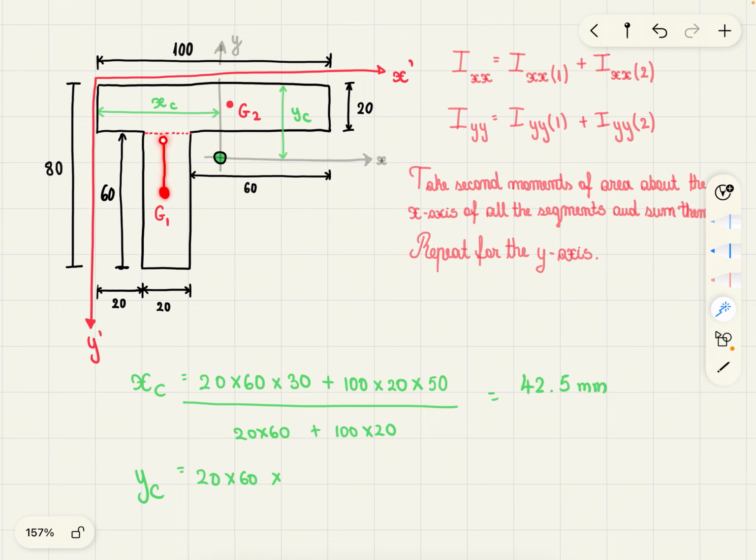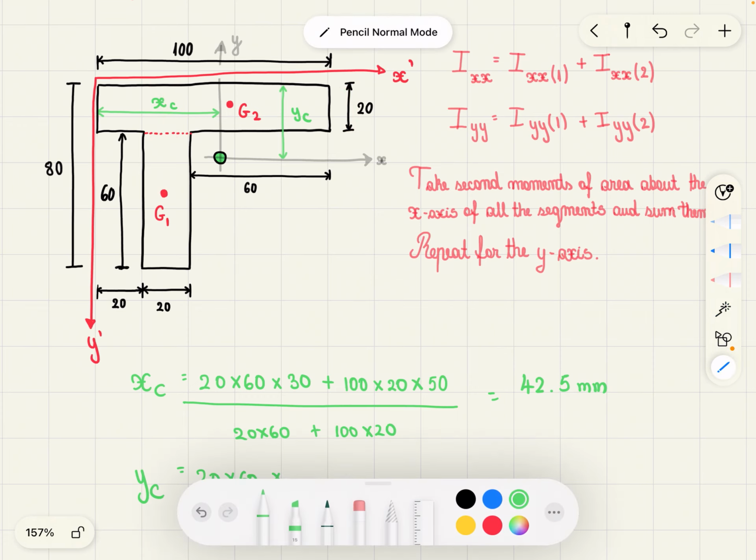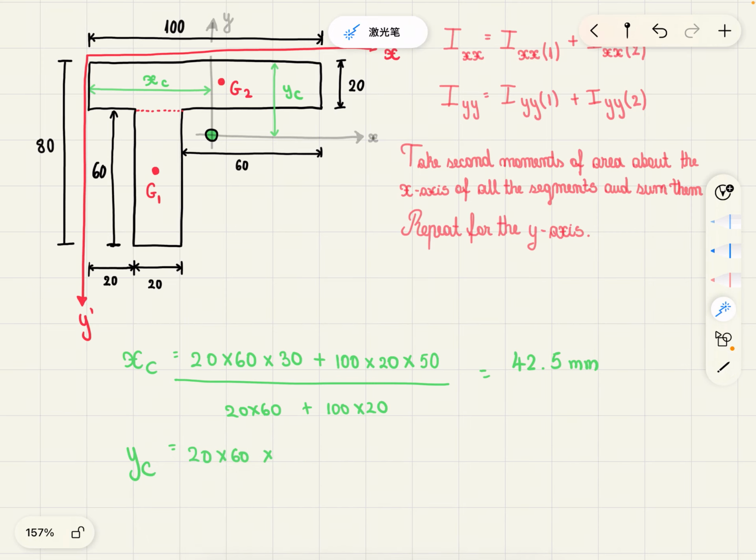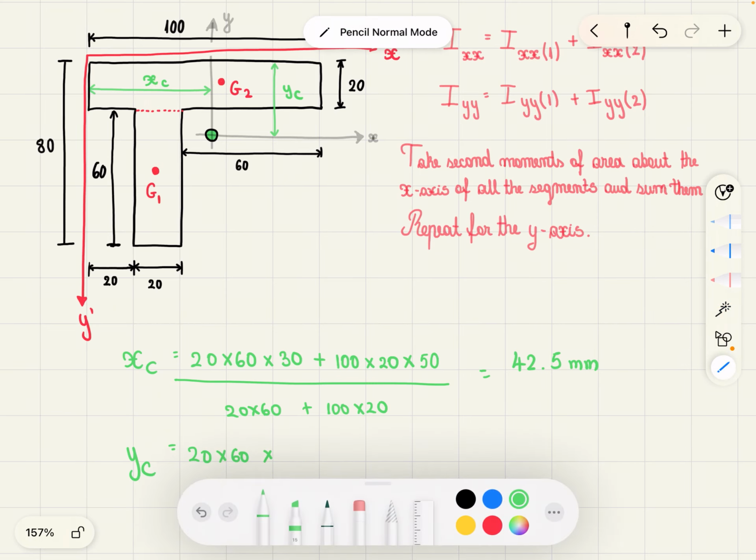So, from G1 to the top of the block, we know it's 30, half of 60. And then we need to add this distance, which we know is 20. So 30 plus 20, 50 is the total distance, times 50.